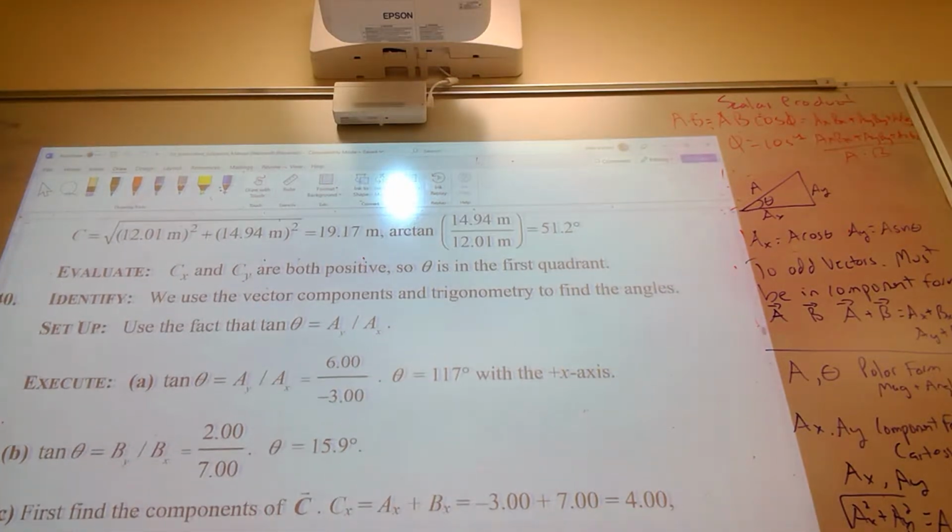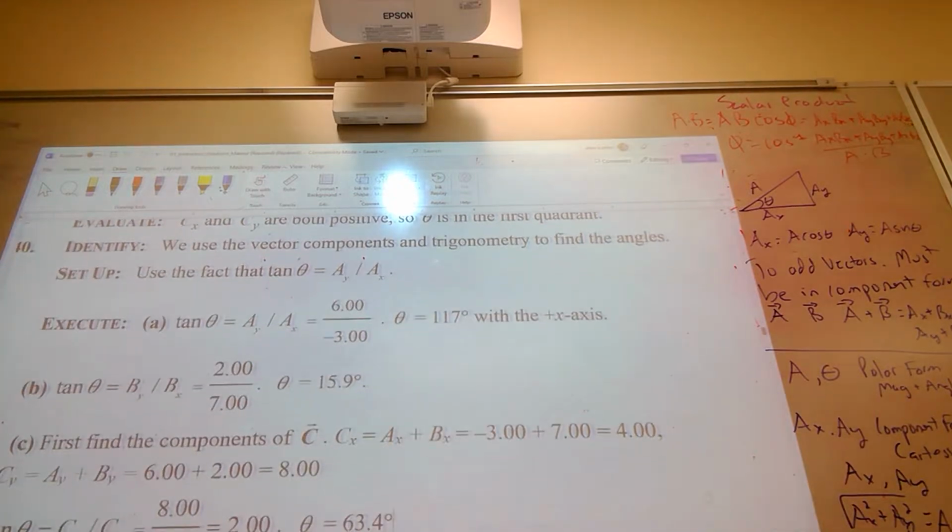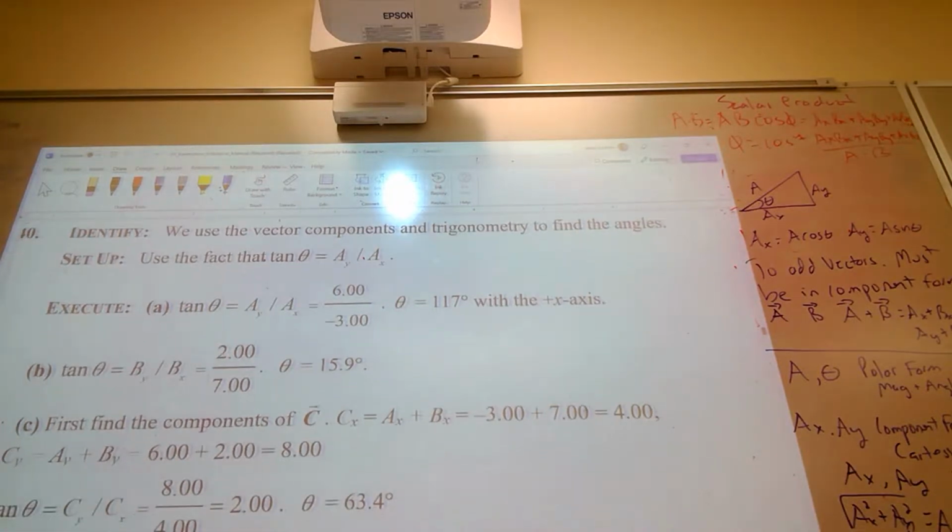I think you got the complement for B. So A was arctan 6 over negative 3 or negative 2, which gives you 117. B was arctan 2 over 7. I think you did 7 over 2. So we get 15.9.